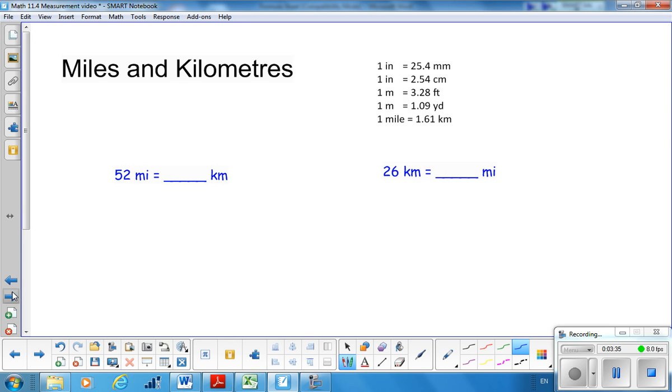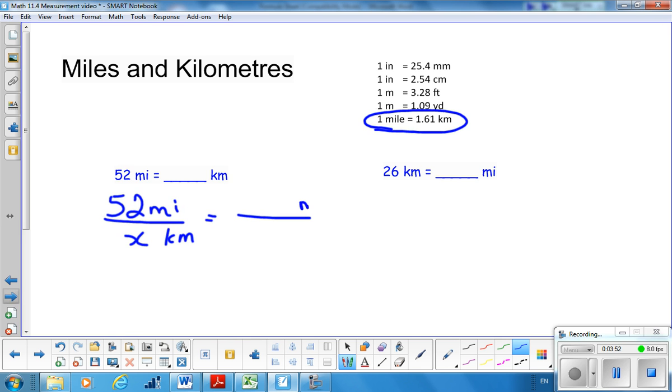The last set that we're going to look at is miles to kilometers. So our conversion factor is this one down on the bottom. If I have 52 miles and I want to change that into kilometers, miles are going to be on the top, kilometers on the bottom. Our conversion factor is that 1 mile is 1.61 kilometers.